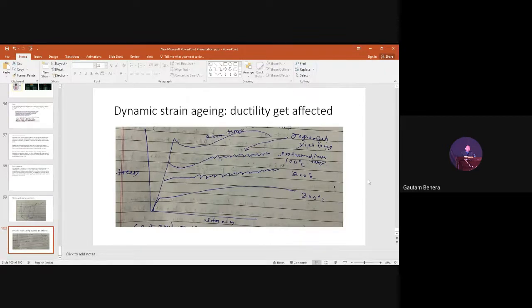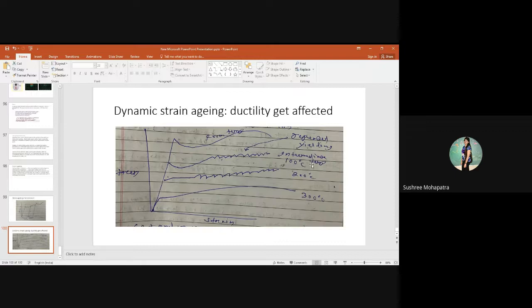We have talked about strain aging, you understand. Now this is dynamic strain aging. So what is happening here? Something is written over here. You have to figure it out.